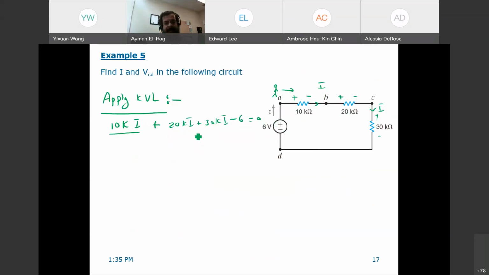So 10K, 20K, 30K: this is equal to 60K I equal to 6. So I is equal to 6 divided by 60K. 6 over 60 is equal to 0.1. Now I'm dividing by 1,000, so this becomes not amps, but milliamps.